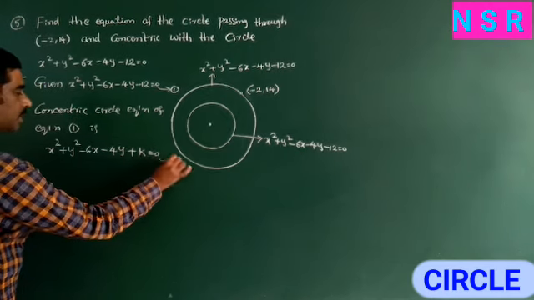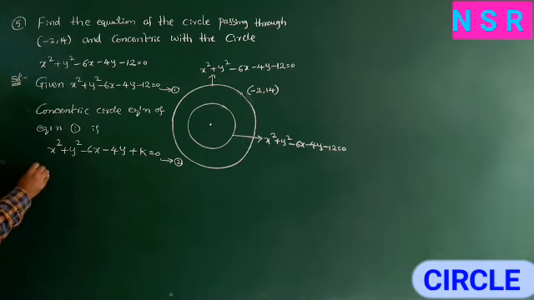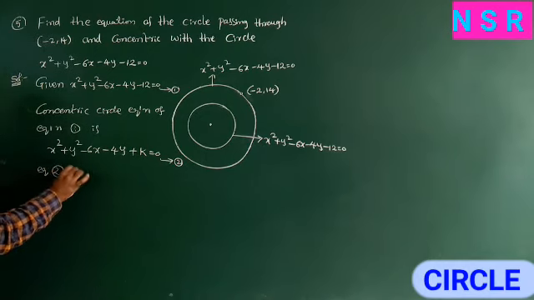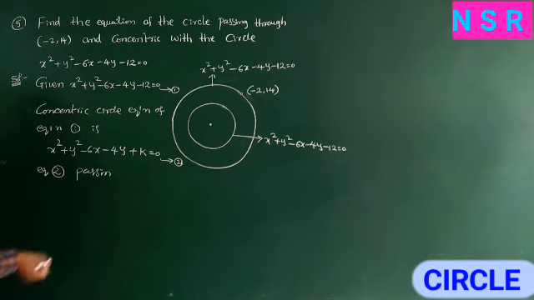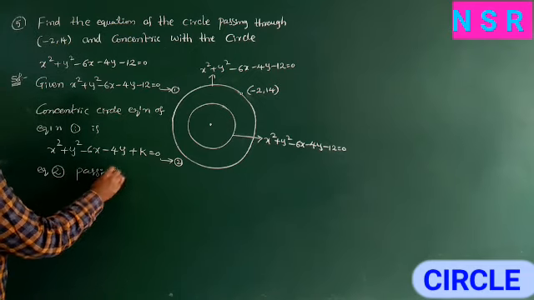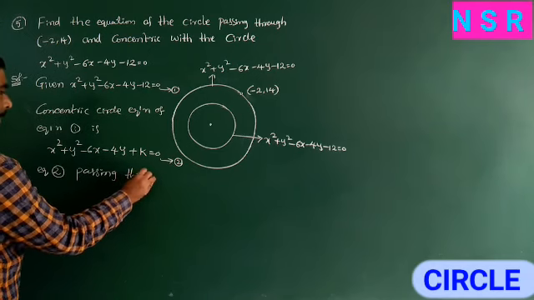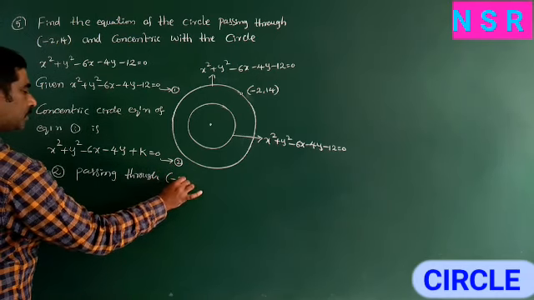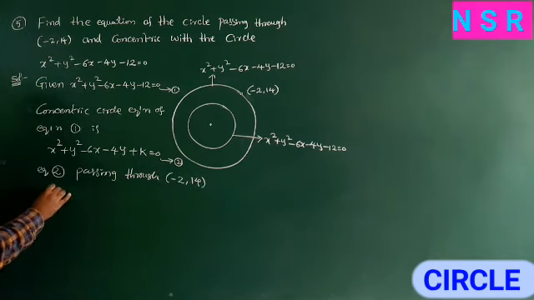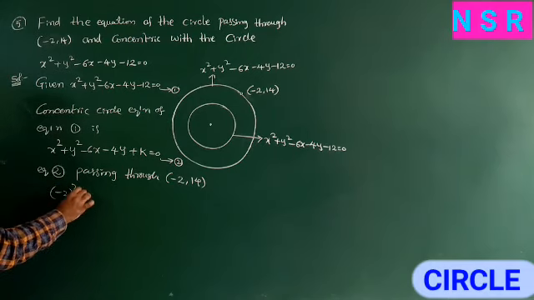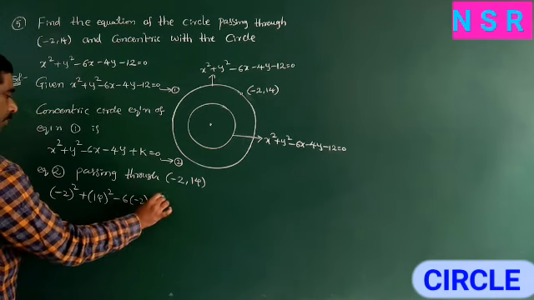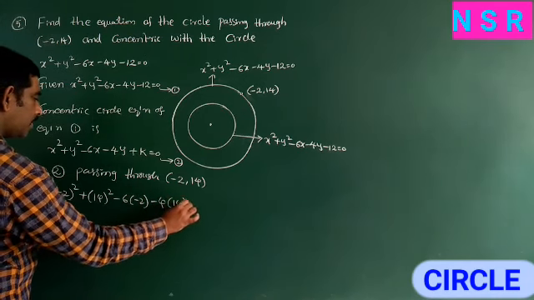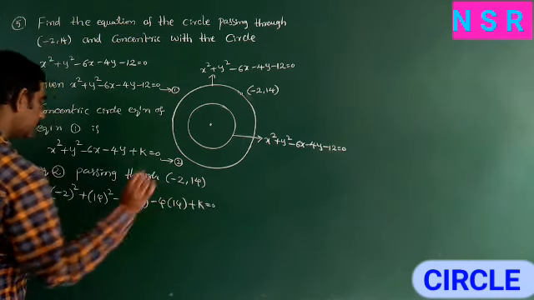Take it as equation number 2. Now this concentric circle equation passes through the point (-2, 14). So substitute here minus 2 square, 14 square, 6 into minus 2, 4 into 14, plus k equal to 0.